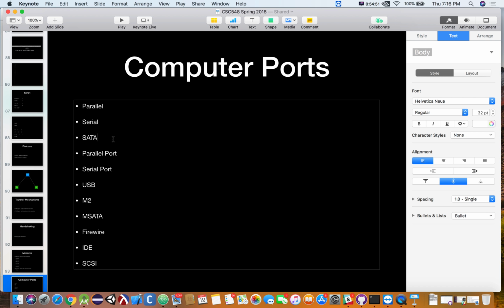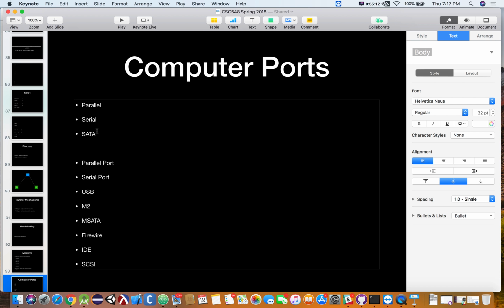Where does SATA go? What does the S in SATA stand for? Serial. So which category do you think this goes in? Probably serial.